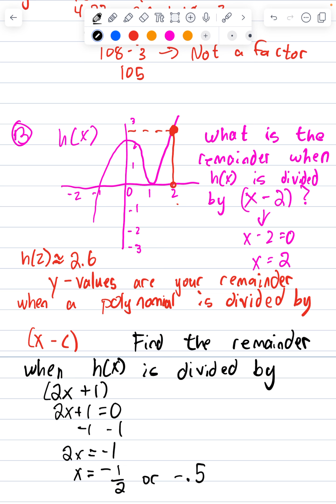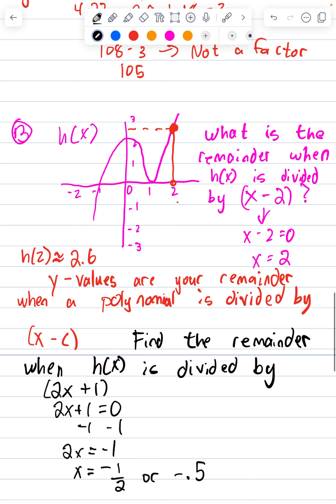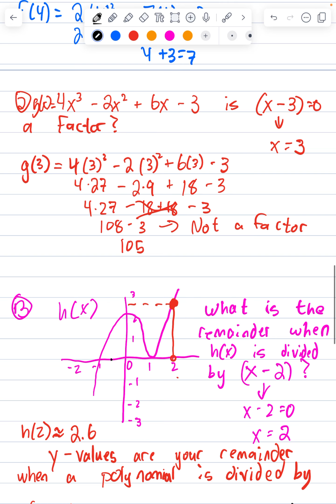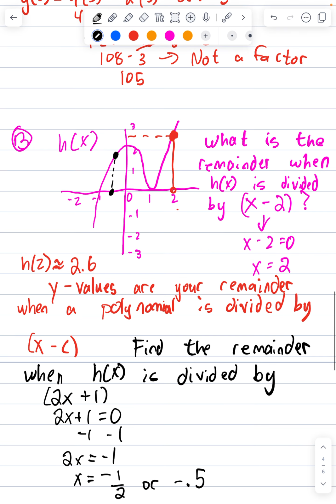So I find where x is negative 0.5 on the graph, which is about right here. Now I go all the way up. If we estimate, this is something like 1.8.